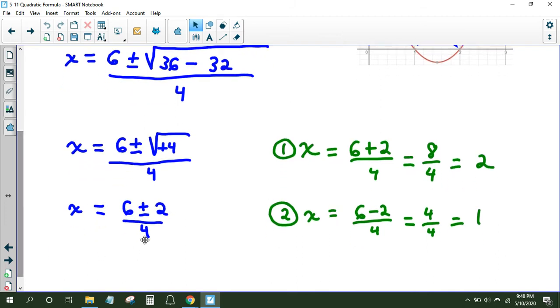At this point, you notice we have a plus or minus. If you recall back a few units ago, this means that we're going to have two separate equations to set up.